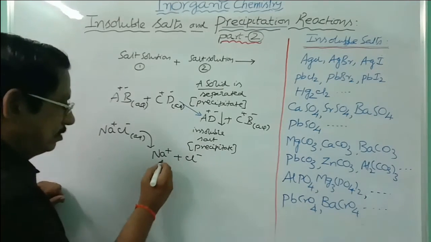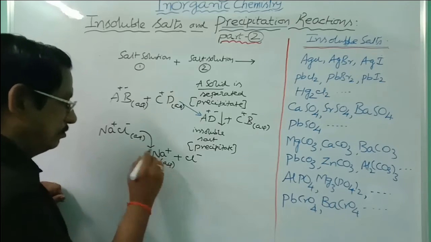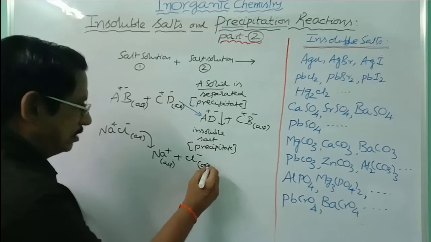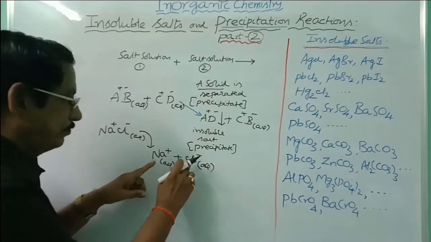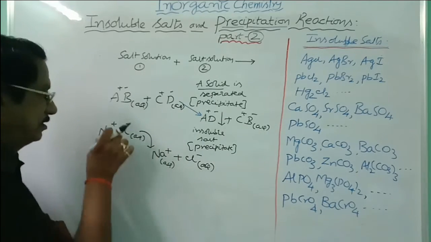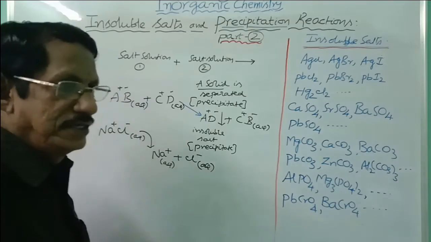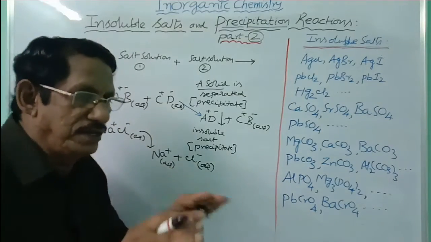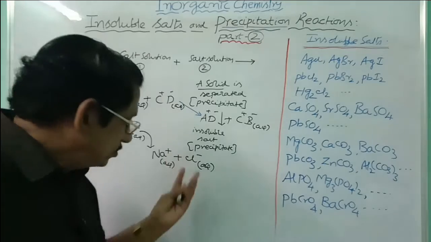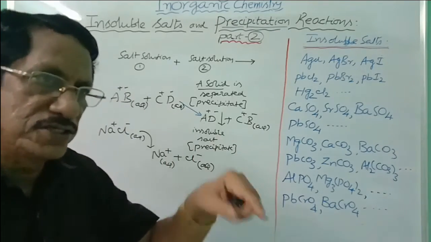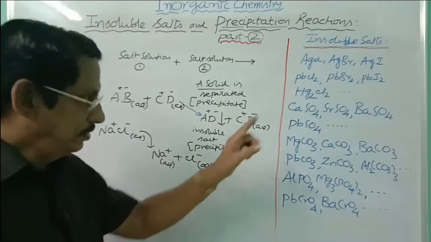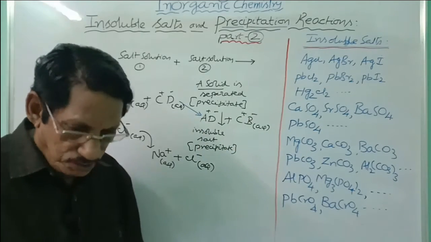So the sodium ion will be in the form of aqueous sodium ion, and chloride ion is also in the aqueous form. These two ions are freely present in solution, and this is called salt solution. Any salt solution will be having free ions. Such two salt solutions are taken to get such a salt which is insoluble in water, then you will get the precipitation reaction.